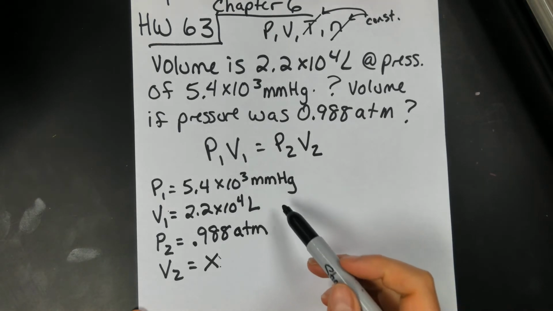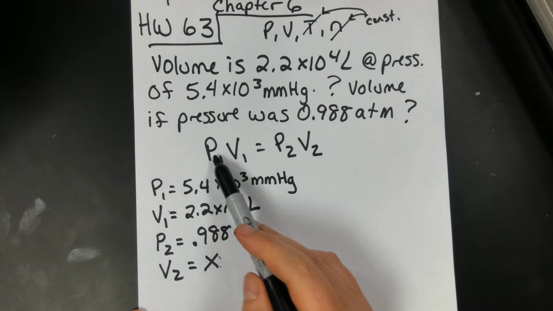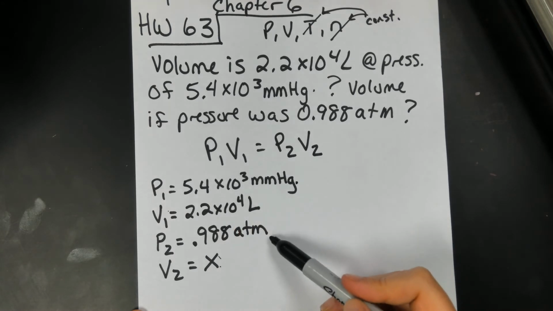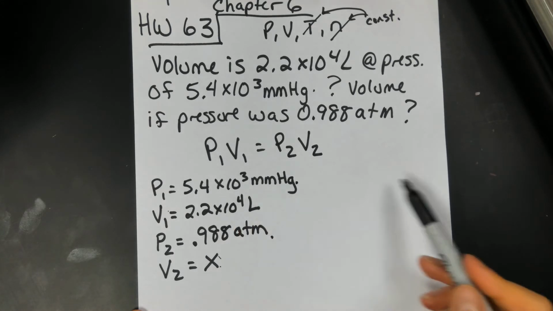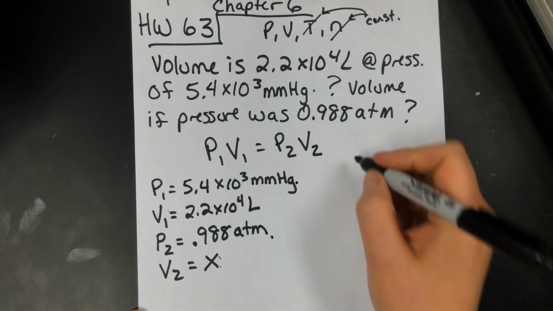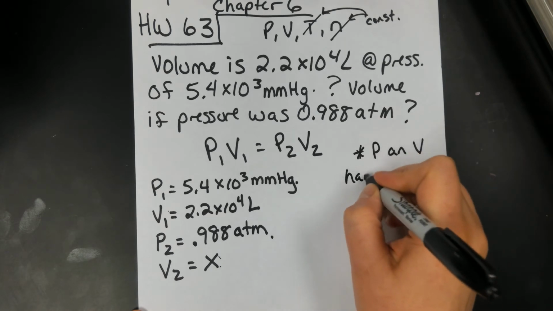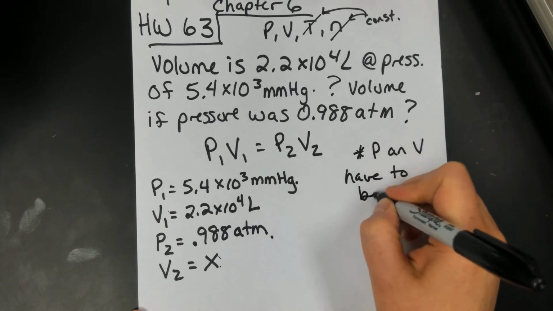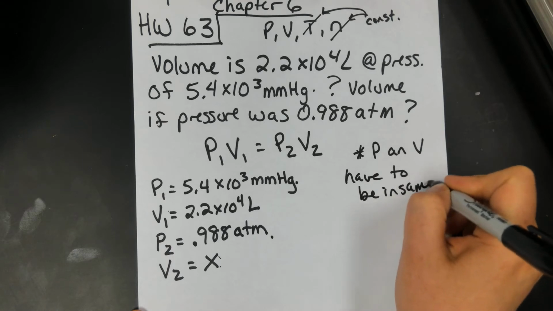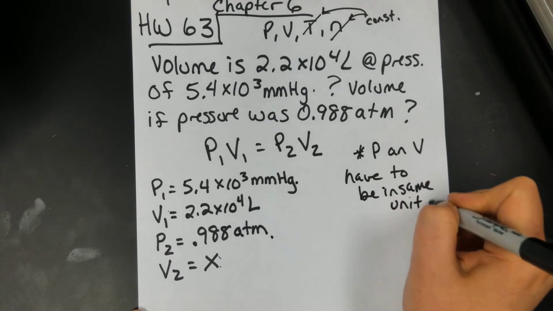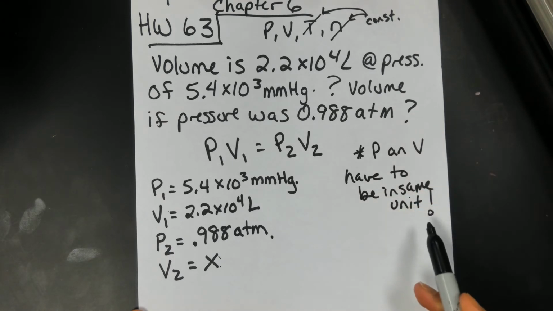So what problem do I have with this? My pressures are in units of millimeters of Hg and atmosphere. So if I plug those in, are they going to cancel out? No. So your pressures have to be in the same unit before you can even plug them in.